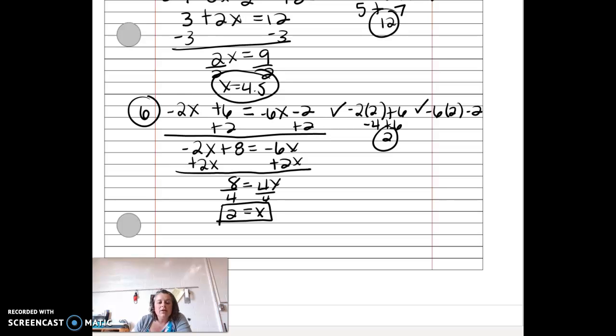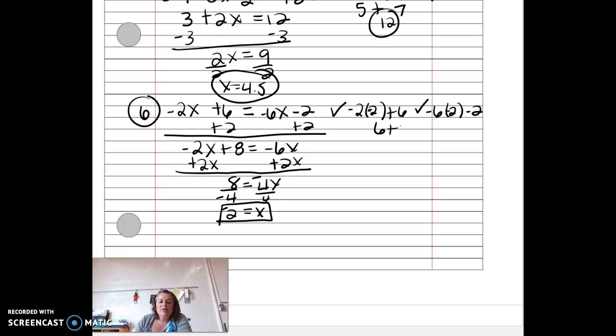Oh, this should be a negative 4, which means this should be a negative 2. So we're checking negative 2. So you have negative 2 times negative 2. Let me erase that. This should be a negative 2 in there too.